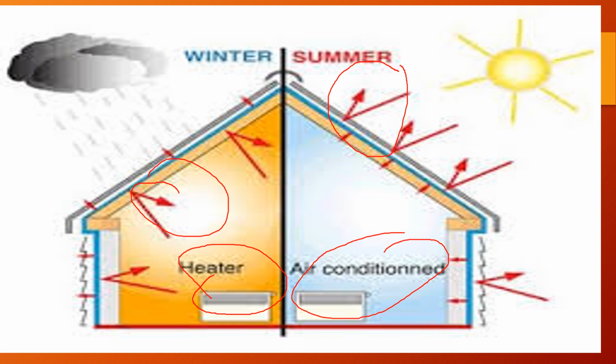In summer, air conditioning is used to cool the temperature of the room, whereas a heater is used in the winters to warm the room, to increase the temperature of the room for comfort. Now see the direction of heat.